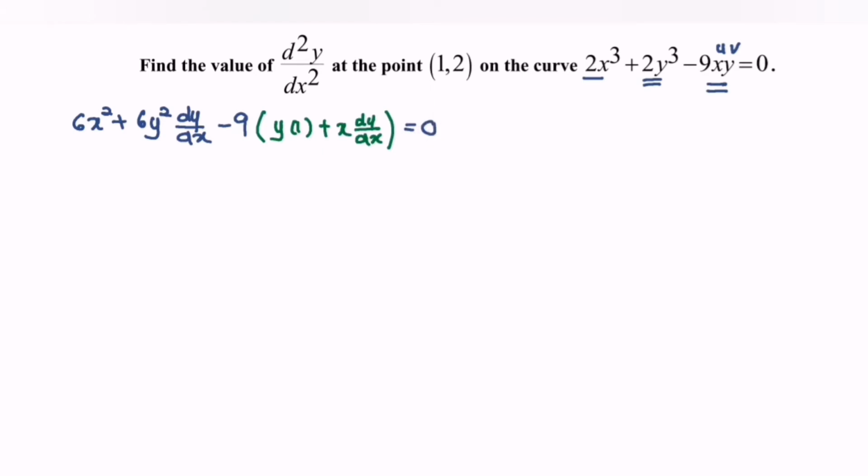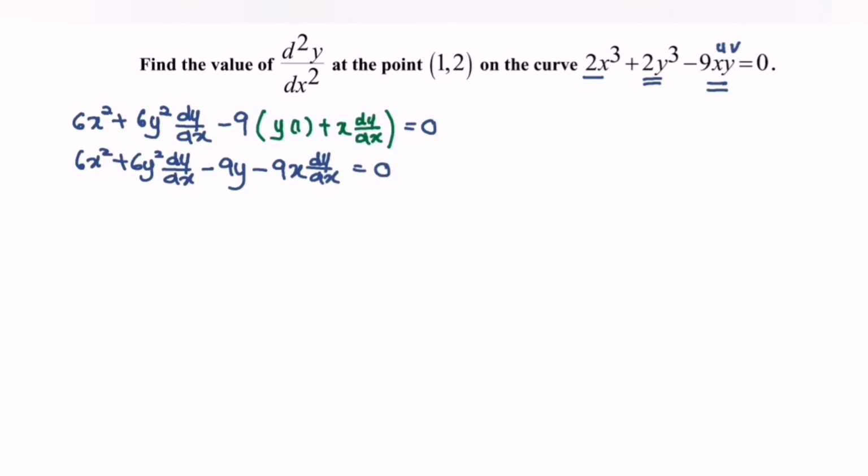Next, what I'm going to do is simplify the equation. So we have 6x squared plus 6y squared dy/dx minus 9y minus 9x dy/dx, which equals 0.